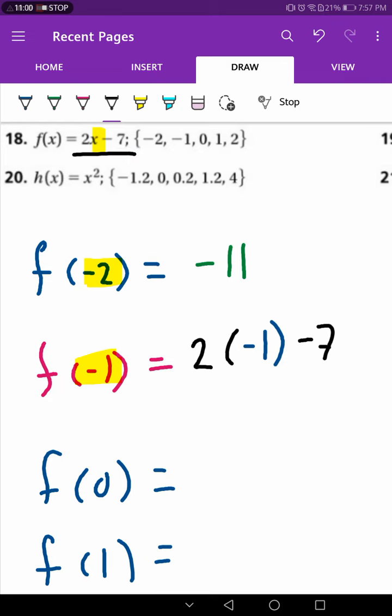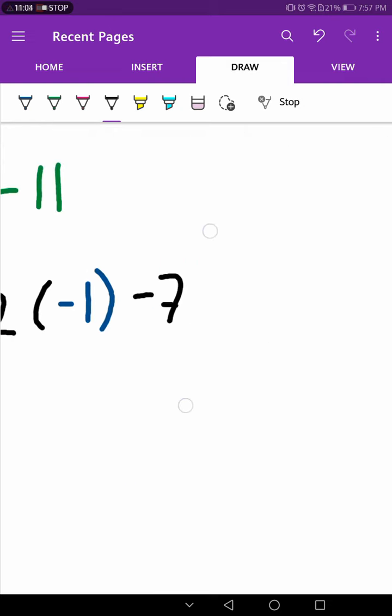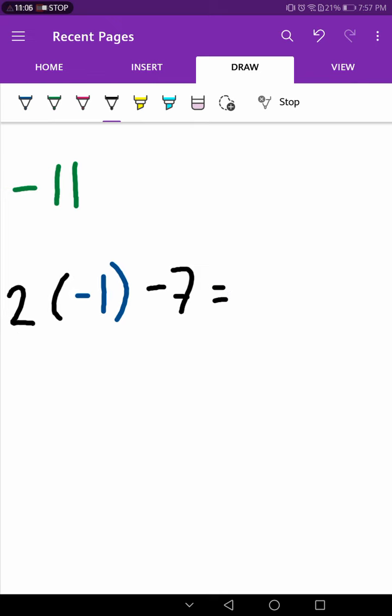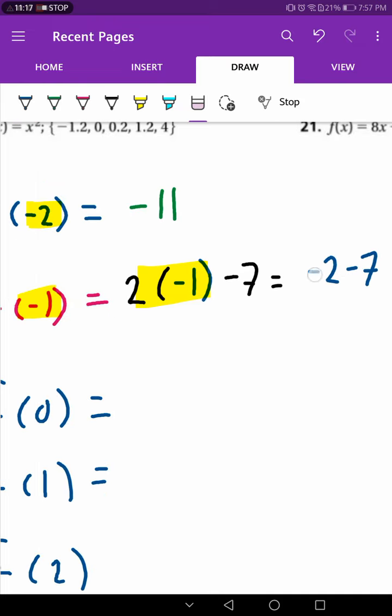What I do, I replace this by negative 1. Now let us continue. If I multiply this, I get negative 2. So negative 2, negative 7, it is negative 9. So I will erase everything here and write negative 9.